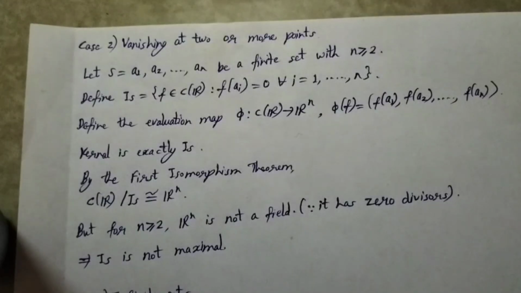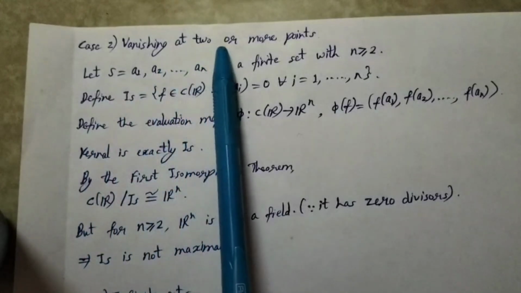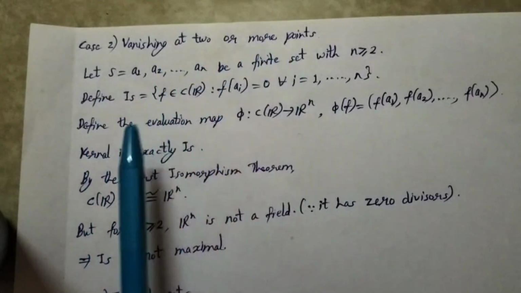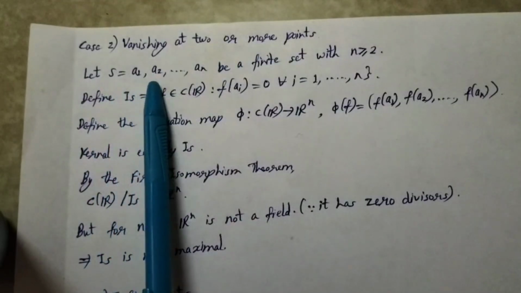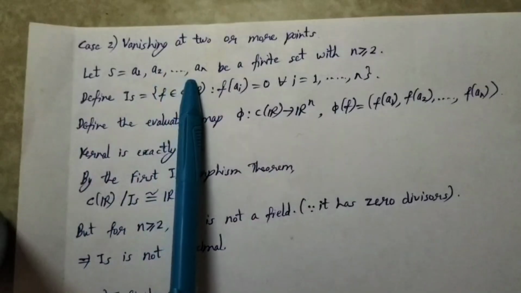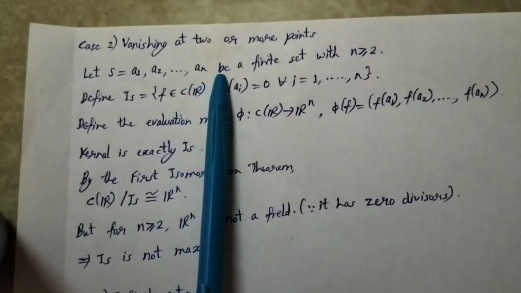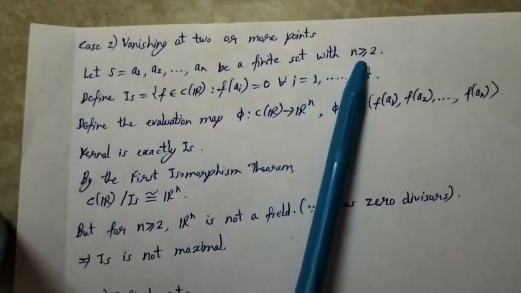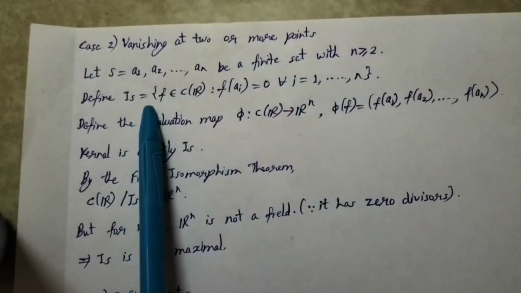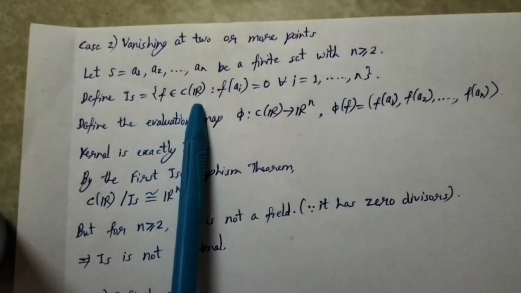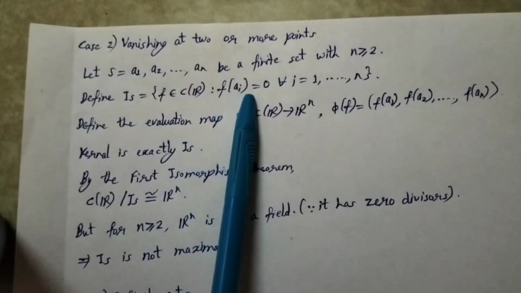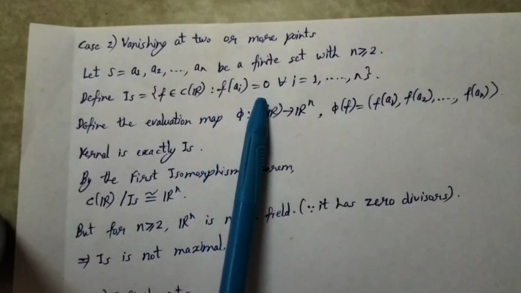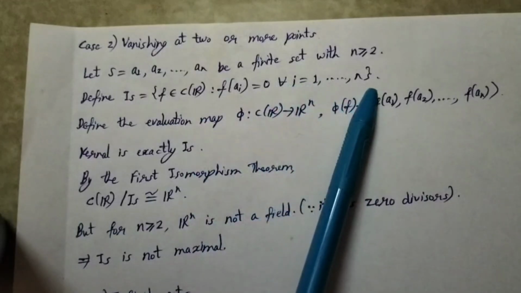And this implies that every single point vanishing ideal M_a is maximal. Now let's take case 2, that is vanishing at 2 or more points. So let S equal {a1, a2, ..., an} be a finite set with n greater than or equal to 2. Let's define I_S, which is equal to {f belonging to C(R) such that f(ai) = 0 for all i from 1 to n}.